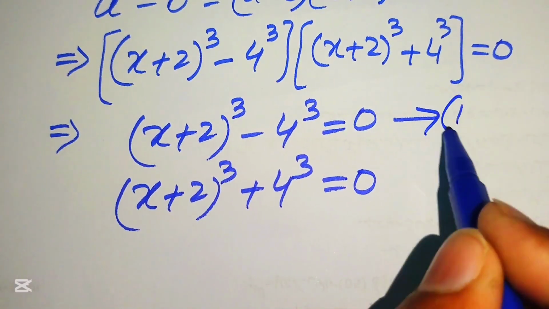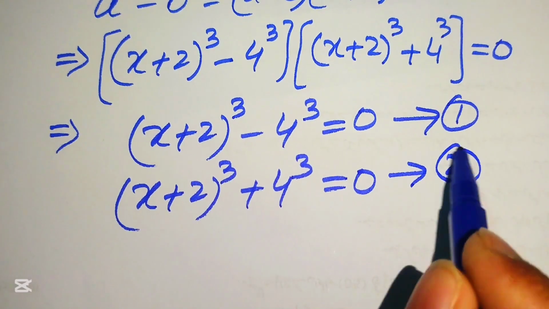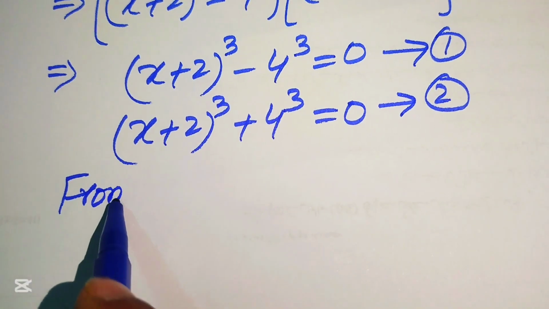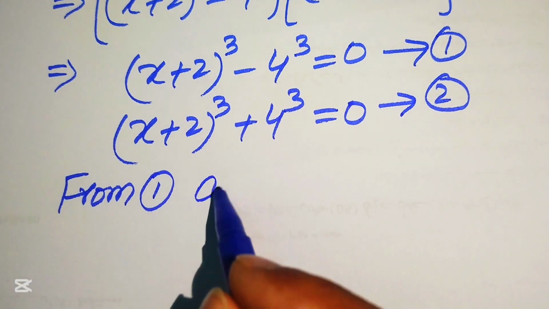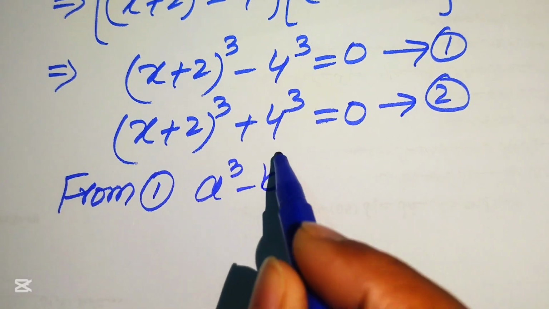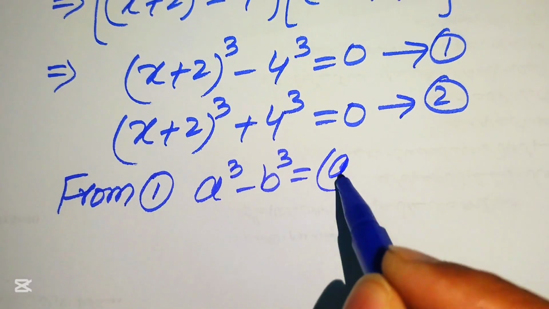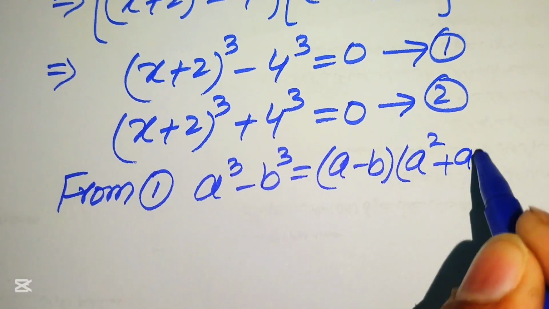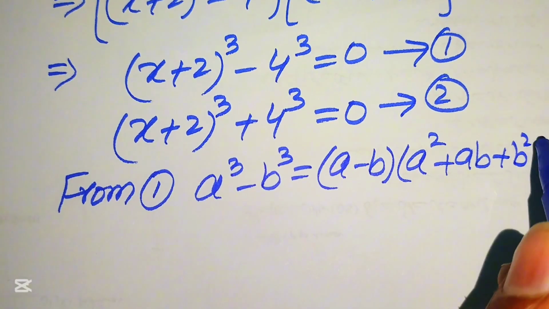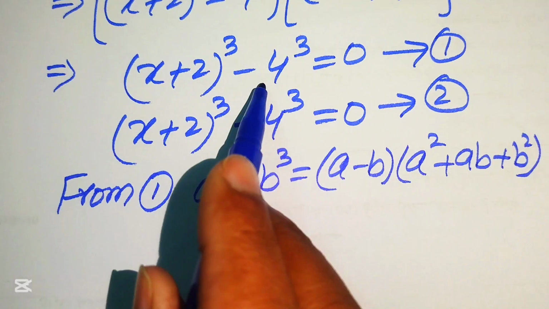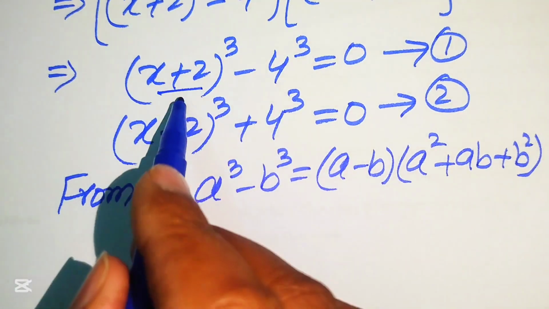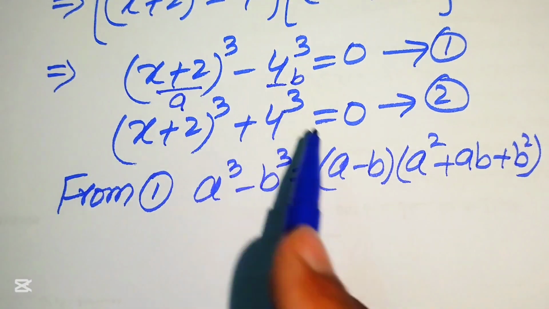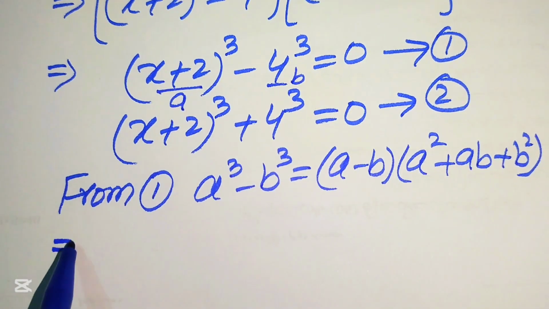We call these equation number 1 and equation number 2. First we solve equation number 1 using the cubic formula. If we have a cubed minus b cubed, it equals (a minus b) times (a squared plus ab plus b squared). We apply this formula to the first equation, where our a is x plus 2 and our b is 4.